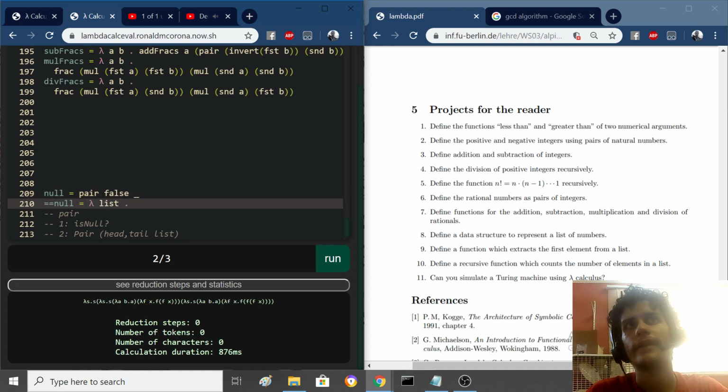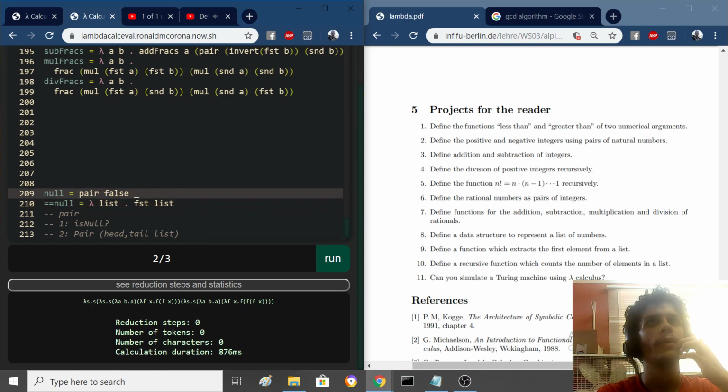All I have to do is check the first element of the list. And actually, this should be equal to true because it is null, right?